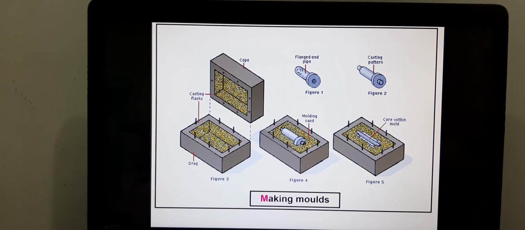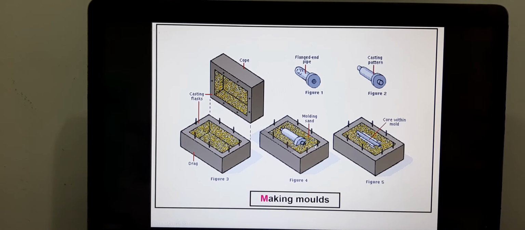Therefore, just before you pour in the liquid metal, once you have compacted the sand around the pattern, the sand is going to follow the shape of the pattern. And before you pour in the liquid metal, or technically molten metal, you need to remove this pattern because you do not want to damage it.